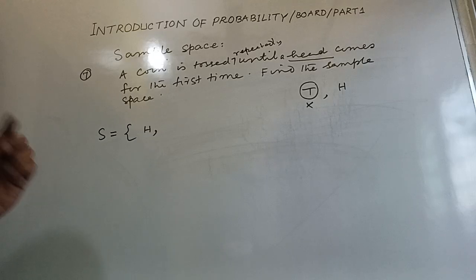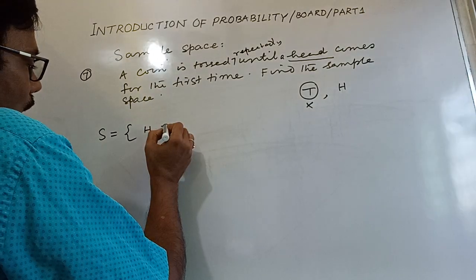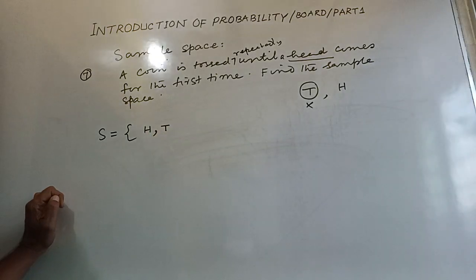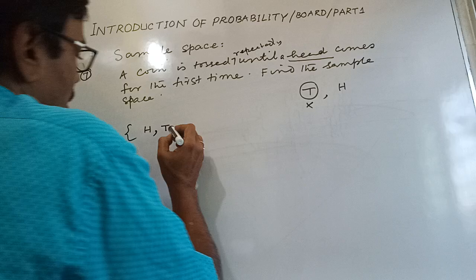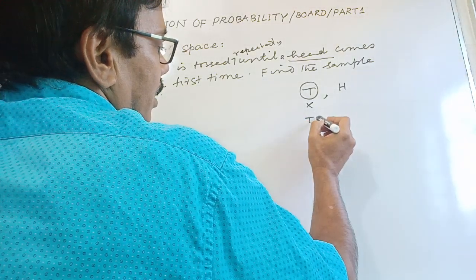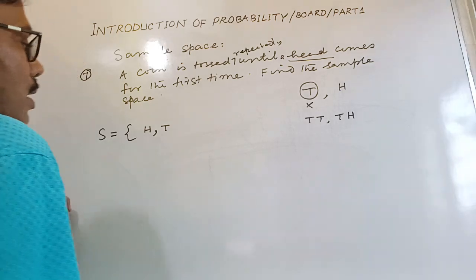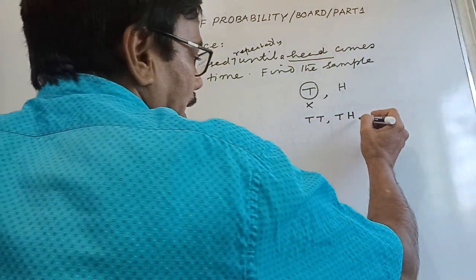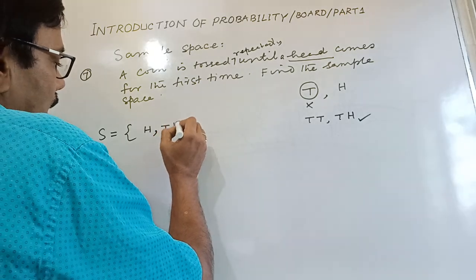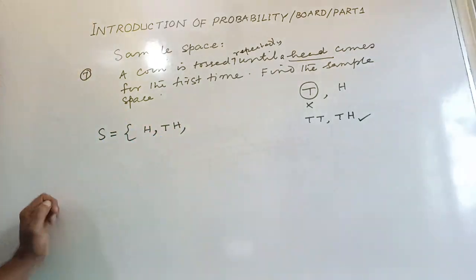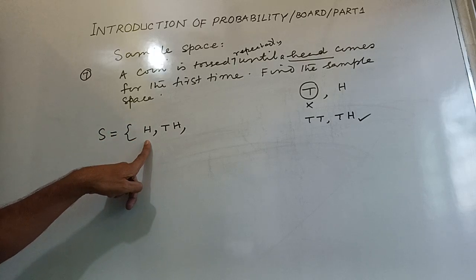Now, if it is tail, then you have to take another chance. So then we get TT and TH. But you have to get head. So the first outcome is H, and it stops.